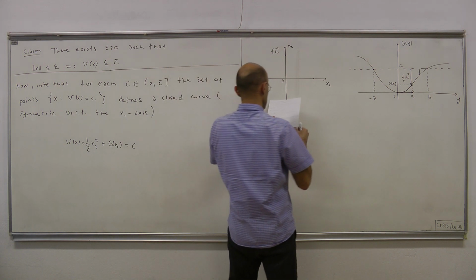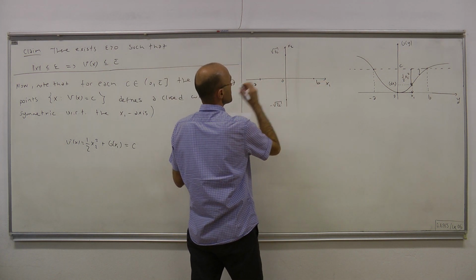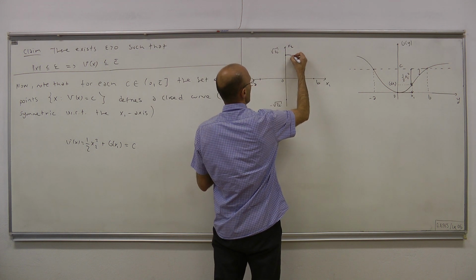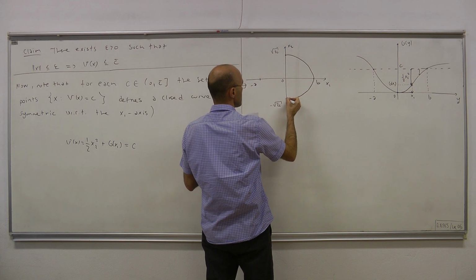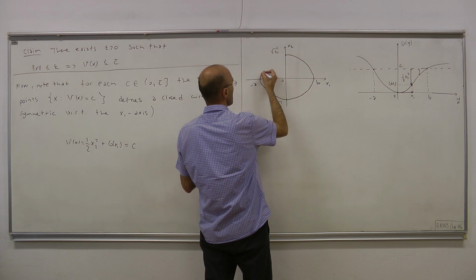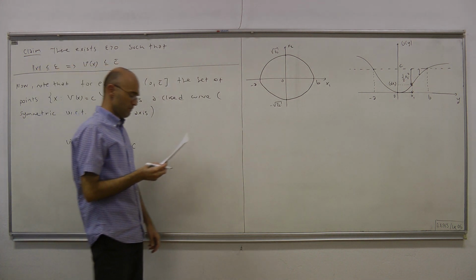So in the end, what happens is the following. Here this is b, and here this is, let's say, minus a, and all x1, x2 pairs make this closed curve.